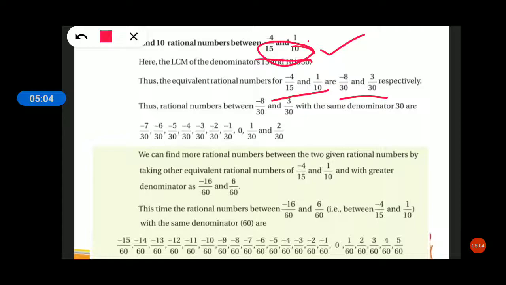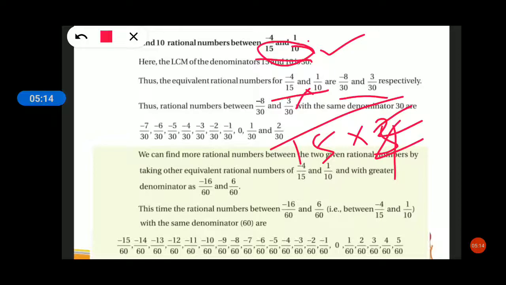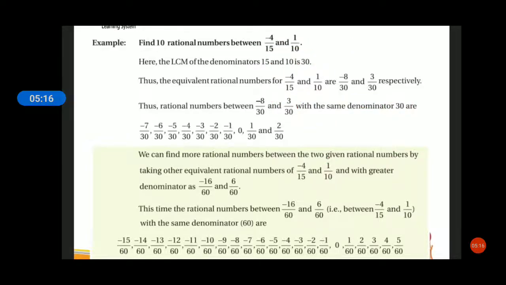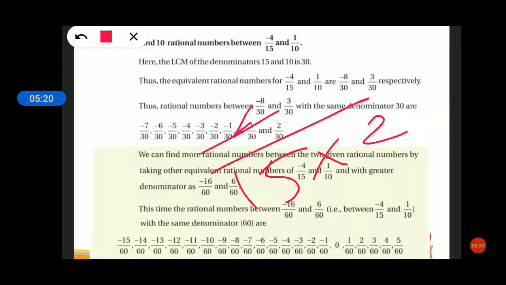Whatever you multiply in the numerator, the same way you have to multiply in the denominator. So 15 into 2 and -4 into 2, and you get -8/30.